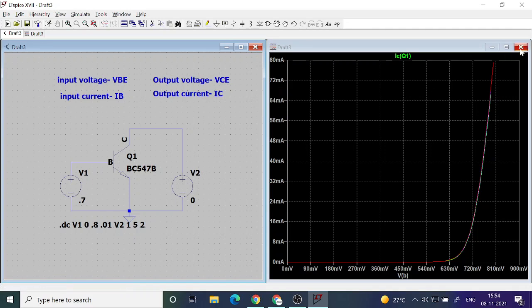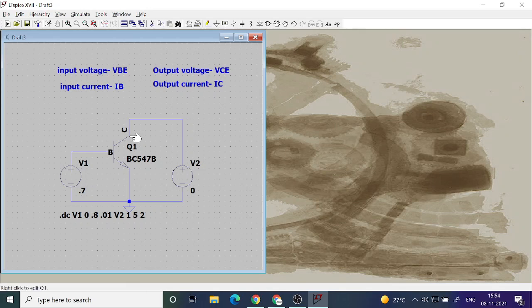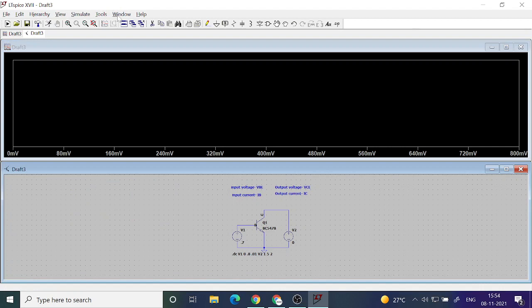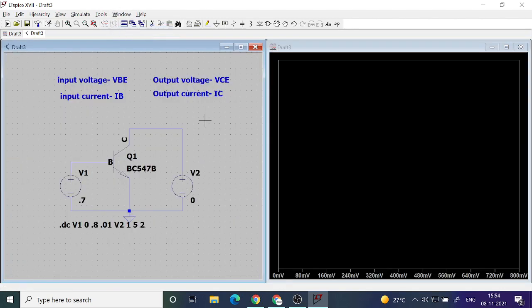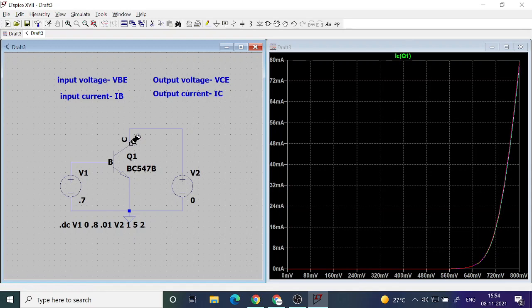So let me do it again. I am going to run it, and I am going to take this terminal current and plot it as a function of V1. The terminal current is what?